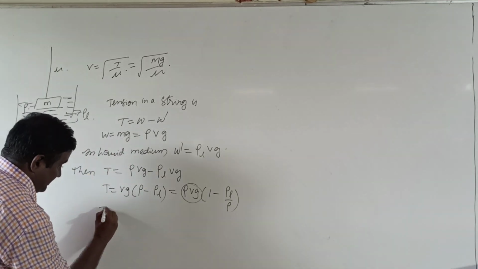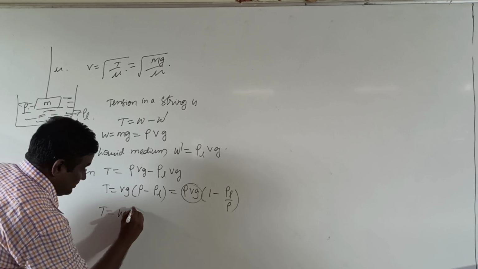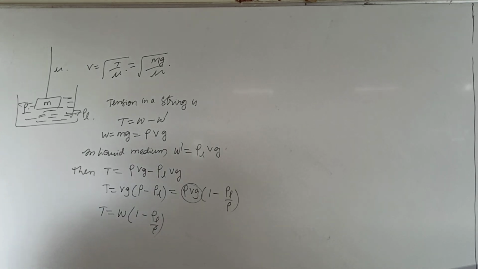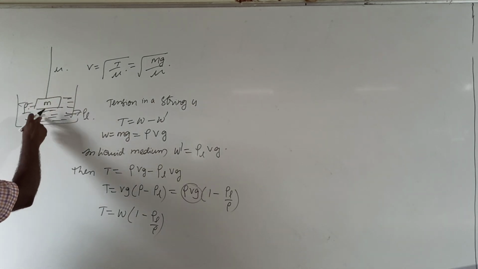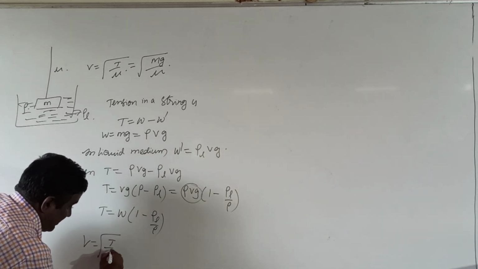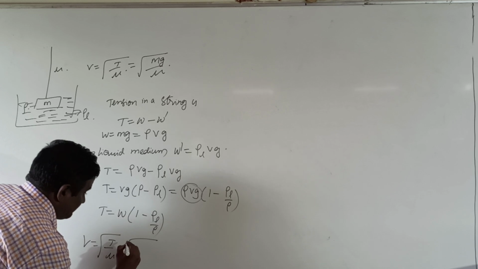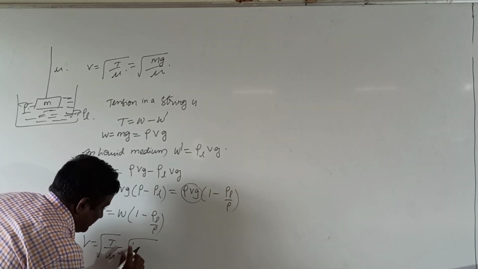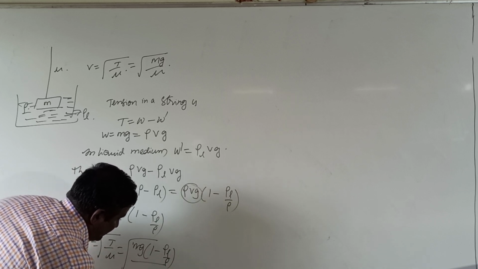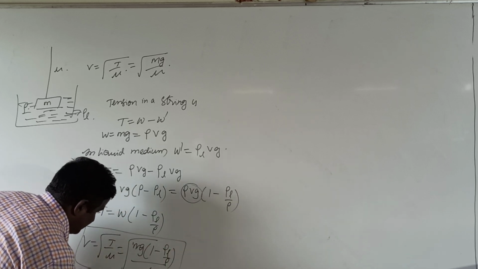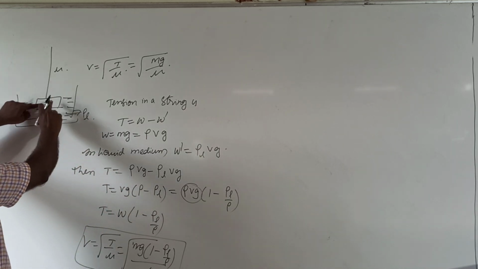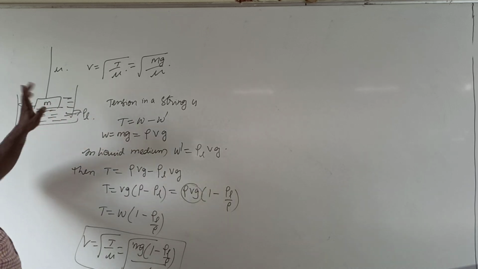Then T equal to W into (1 minus rho L by rho). Then the velocity of the transverse wave in the string when it is suspended in a liquid of density rho L is v equal to root over T by mu, which is equal to root over W into (1 minus rho L by rho) by mu, or mg into (1 minus rho L by rho) by mu. This is the equation of a transverse wave in a string attached to a load of mass m suspended in a liquid of density rho L.